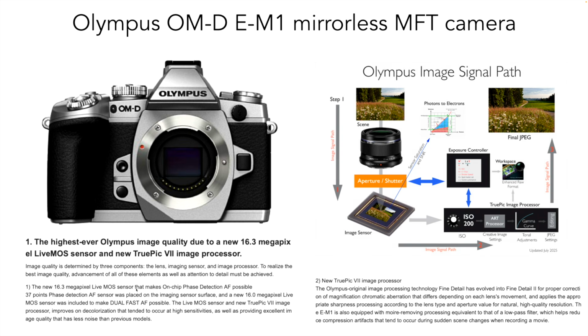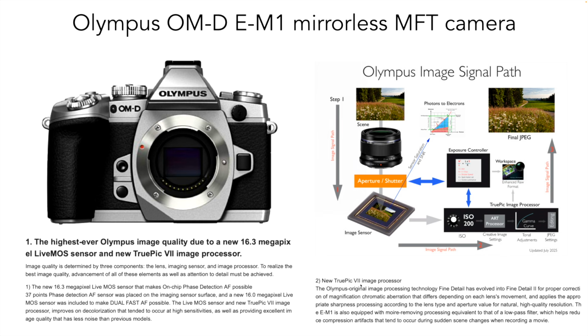So the new 16 megapixel sensor makes up on-chip face detection. Okay, they're talking about focusing here. I want to focus a little bit more here. The LiveMOS sensor improves decoloration that tended to occur at high sensitivities. I think we're talking again about the fact that this is a high sensitivity sensor, from what we discussed in the previous slide.